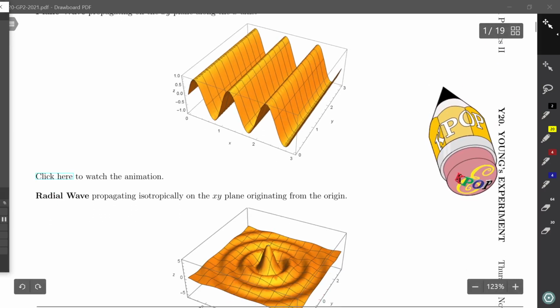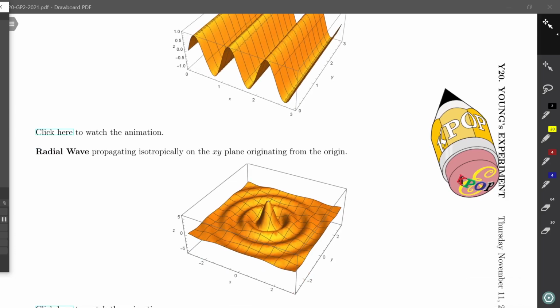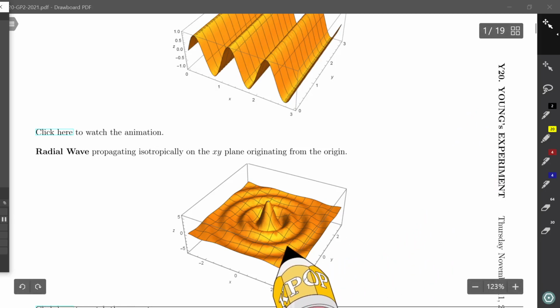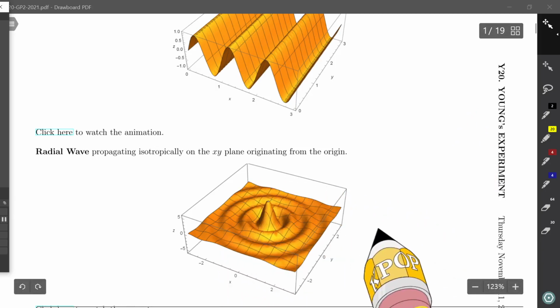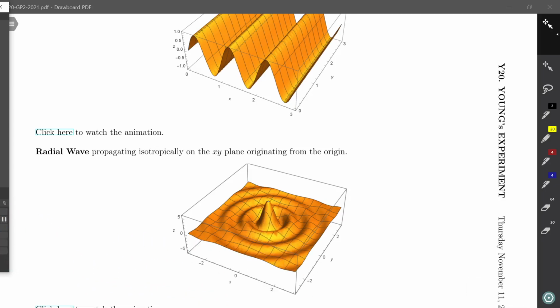In addition to the plane wave, in general, the source of a wave can be a point oscillation. Initially, the medium is flat, and we perturb a point of the medium to find an oscillation that propagates in all directions.